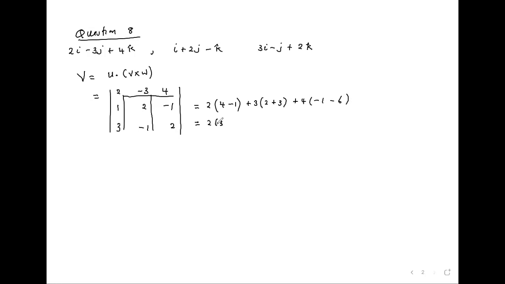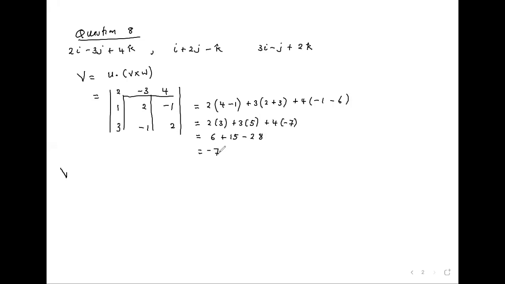So get 2, 3, plus 3, 5, plus 4, negative 7, giving us 6 plus 15 minus 28. That is 6 plus 15 minus 28, which is negative 7.